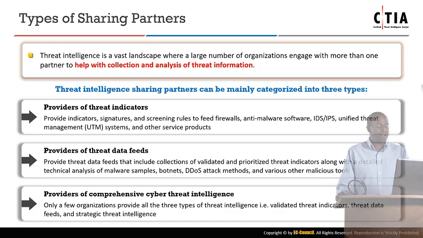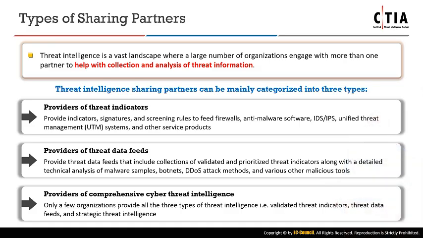Next, we look at providers of threat data feeds. And they provide data feeds that include collections of validated and prioritized threat indicators, along with detailed technical analysis of malware samples, botnets, DoS attacks, DDoS attacks, and methods and various malicious tools.